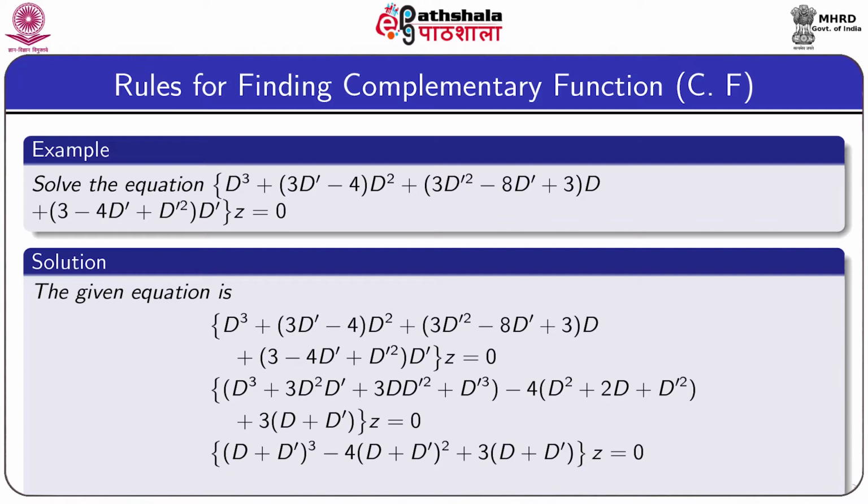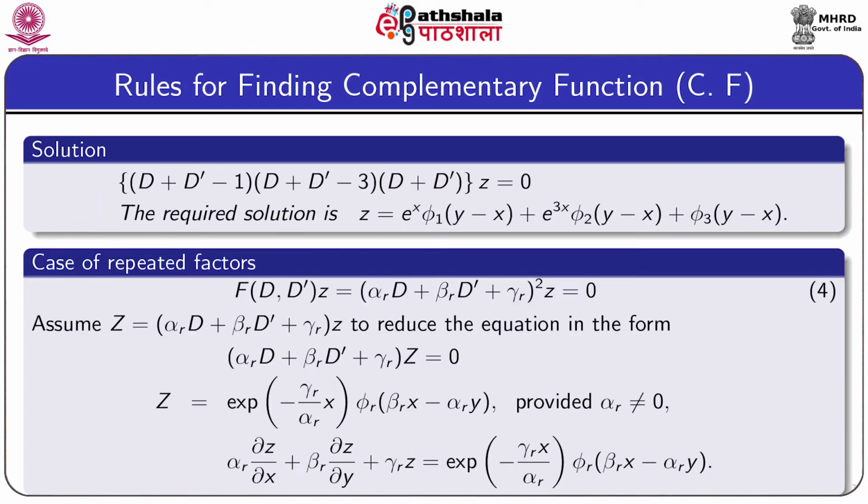If we observe the function capital F, then we see that capital F can be factorized, which is given in the solution in this form: d plus d dash minus 1 into d plus d dash minus 3 into d plus d dash z equals 0. So, for this example, f is reducible to linear factors.